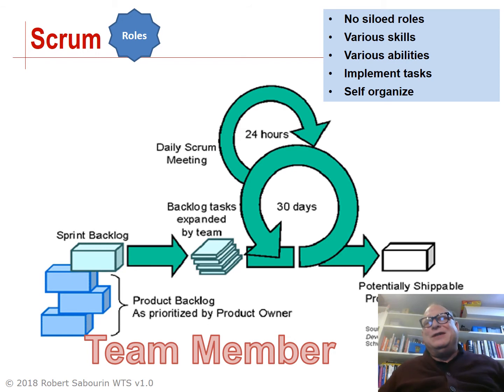We have people with various skills and various abilities who are there to basically implement whatever tasks are required to meet the commitment that the team has made, to meet the commitment to implement the requirements that the product owner requires. So their job is to get things done.